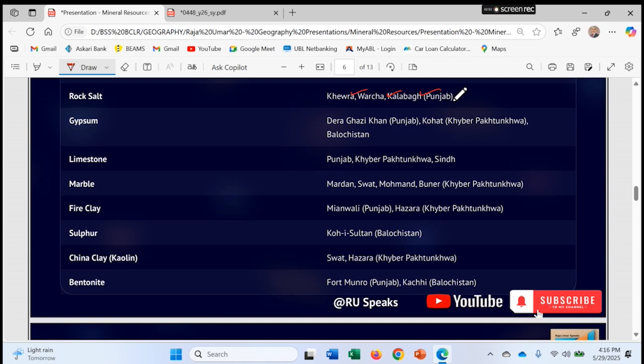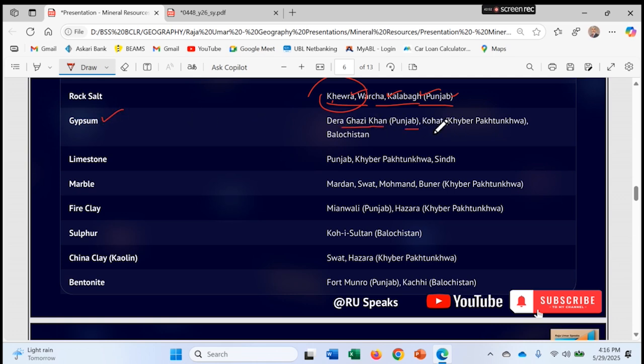rock salt, Kevda, Warsha, Kalabagh, Punjab. So in these areas, the rock salt is available, and Kevda is the best example of having the largest rock salt deposits in the world. They are in the Potwar Plateau, in the salt range, just in the south of Potwar Plateau, near Kalar Kahar.